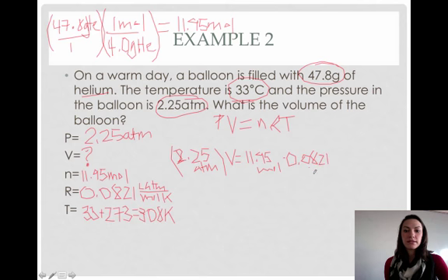Remember, that's liter atmospheres per mole Kelvin. And then I'm going to also multiply that by my temperature in Kelvin, which is going to be 308 Kelvin.